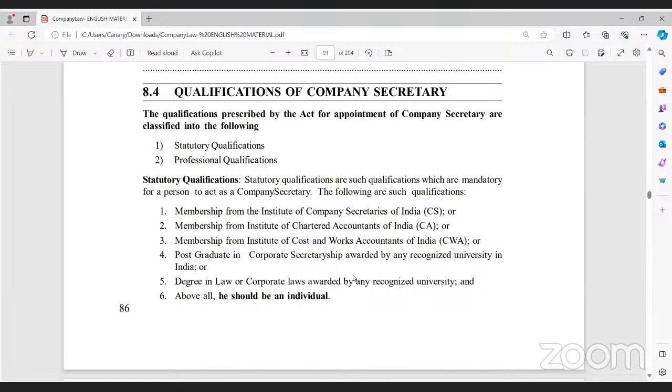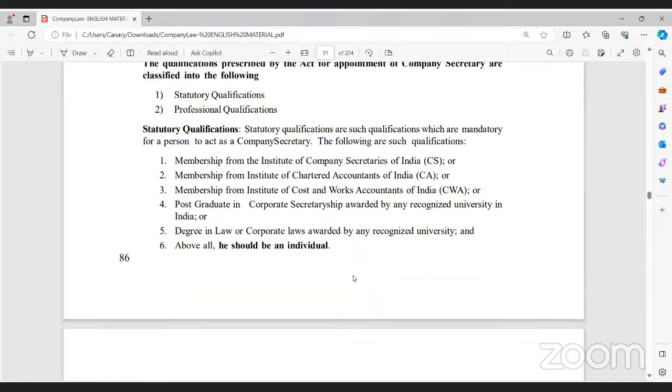So he should be an individual, and either a person qualified as a CS, a CA, or a CMA, or a person possessing a postgraduate degree in corporate secretaryship, or a person having a corporate law degree. Any of these persons can be a company secretary.